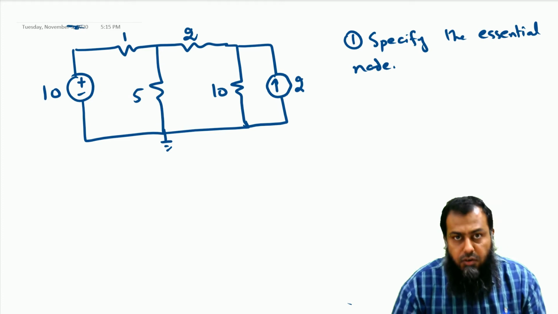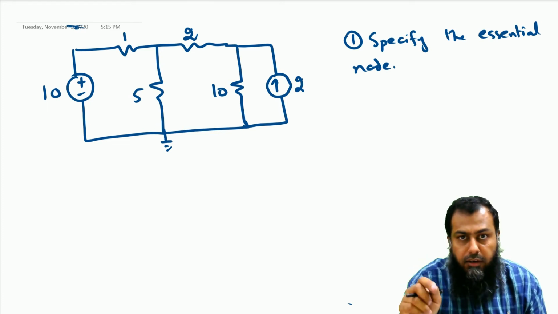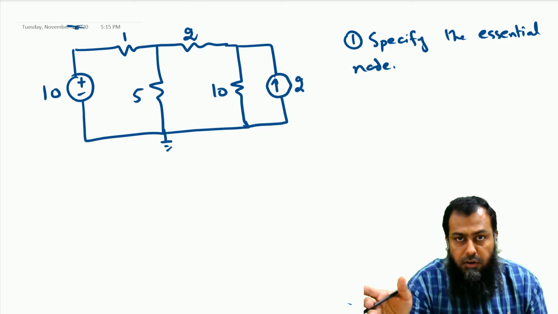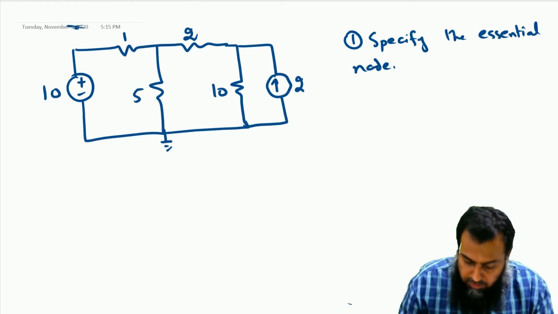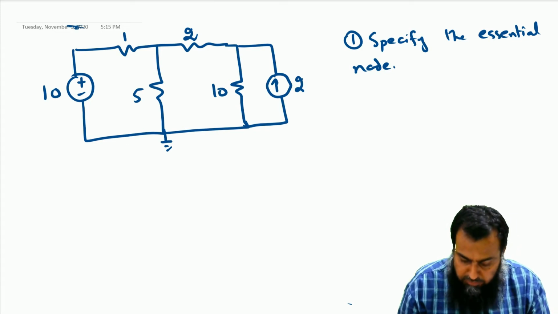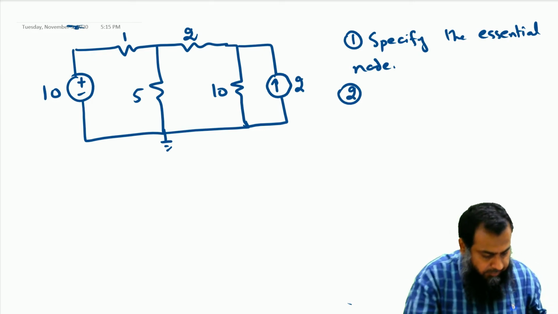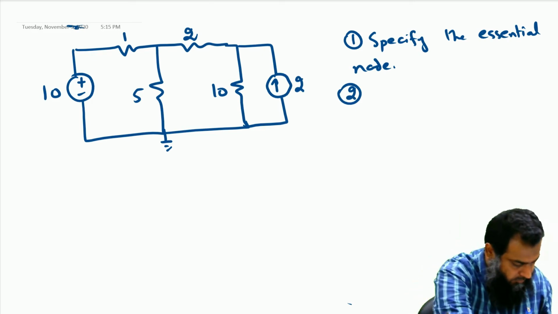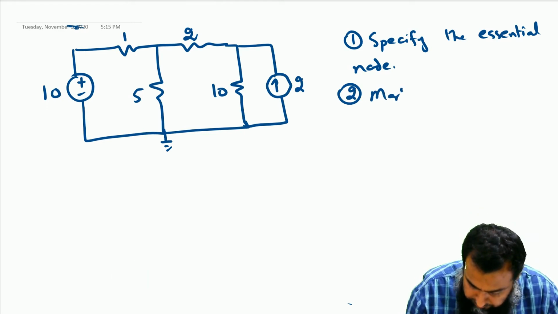Remember that the essential nodes are those nodes that connect three or more elements. Such nodes are known as essential nodes. So we first need to establish and specify the essential nodes. As a second step, we shall mark the reference node.